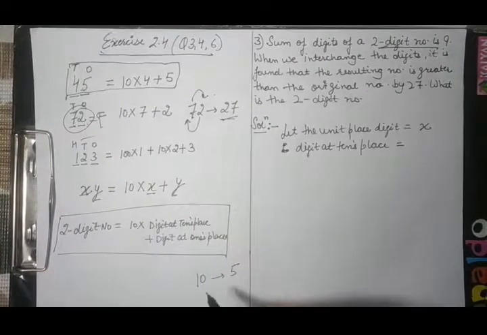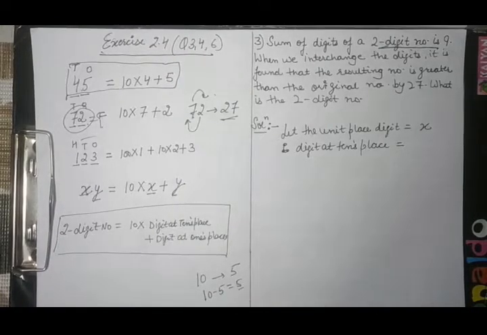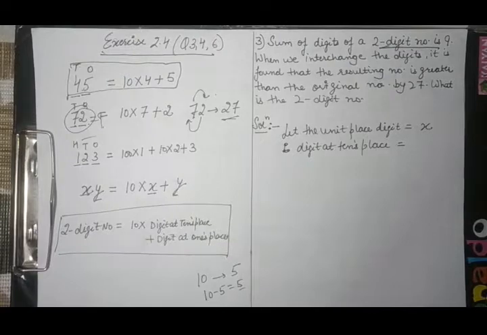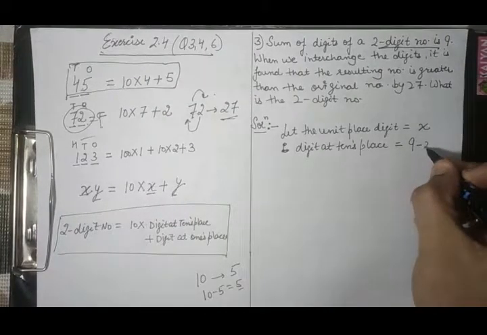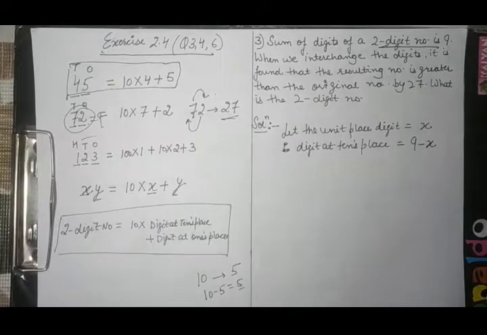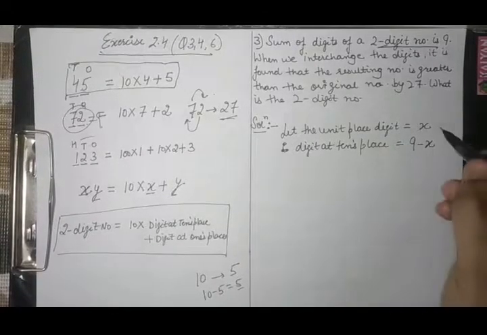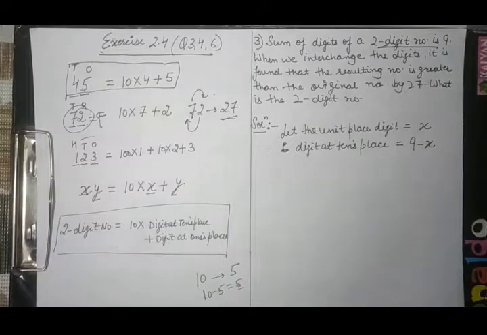So we will subtract 5 from 10 and the answer will be 5. So here also we are given that the sum of the digits is 9. So if one digit is x, the other will be 9 minus x. We will subtract that digit from the total. So now we know what the unit place digit and the tens place digit are.